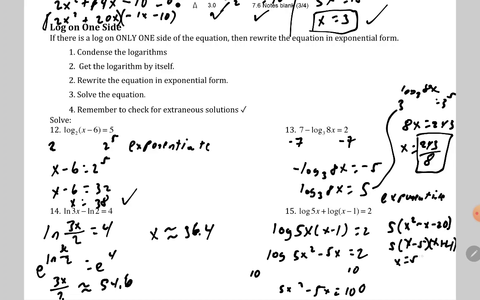So x equals 5, x equals negative 4. If I plug 5 in the above equation, it works. We have log of a positive number. But if I plug in negative 4, I get log of negative 4 minus 1, so log of negative 5. This is extraneous. So the only answer you have is x equals 5.